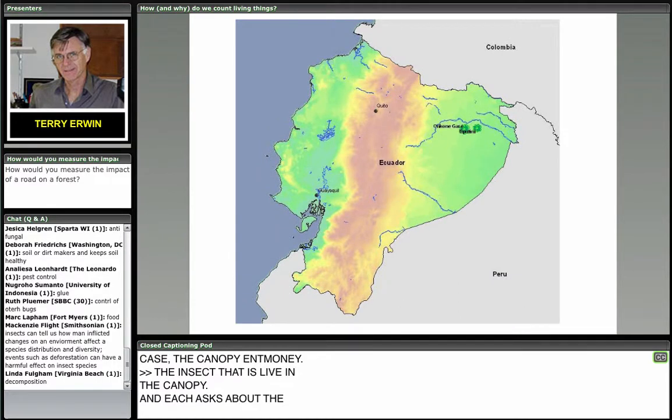So our area, as you can see, the brown streak down the center of the green, that's the Andes Mountains. Here's Quito. And there's the capital, Quito. And our research area was out in the east, as CJ said, in the lowland rainforest. It's about 200 meters altitude.